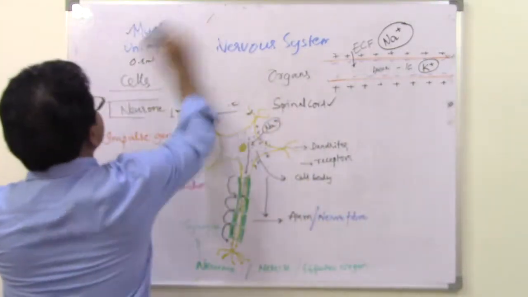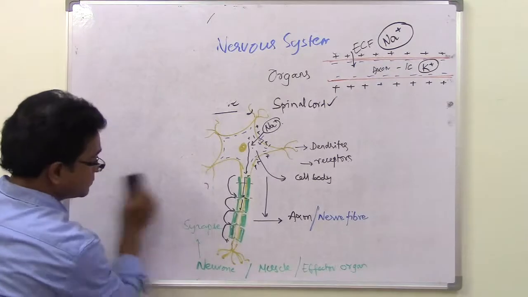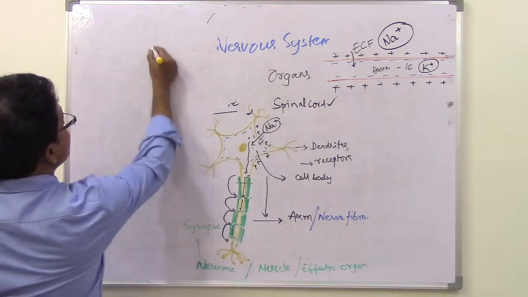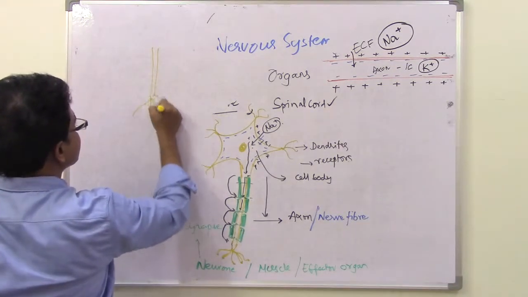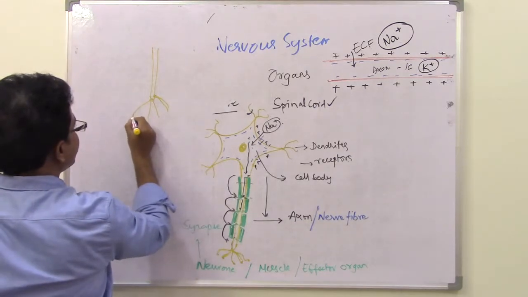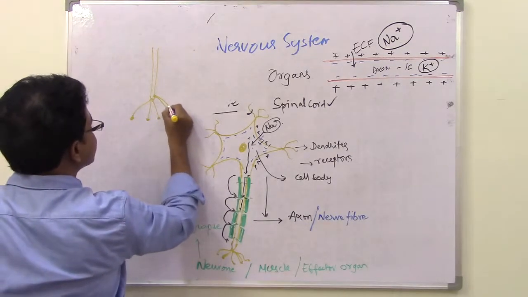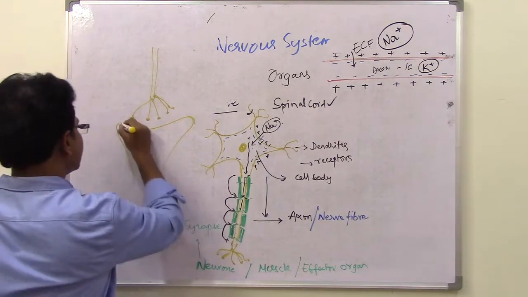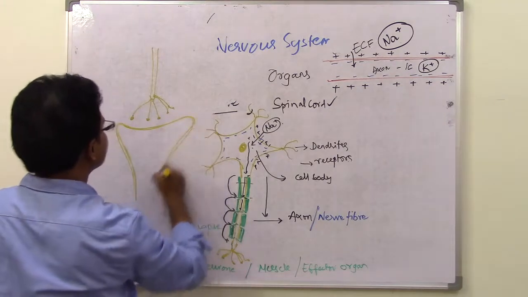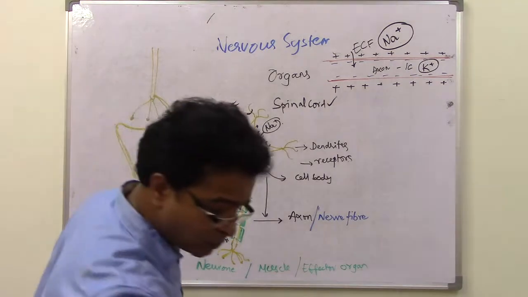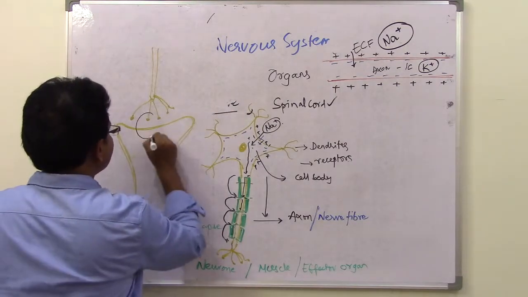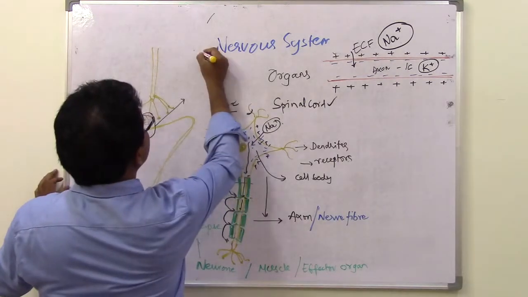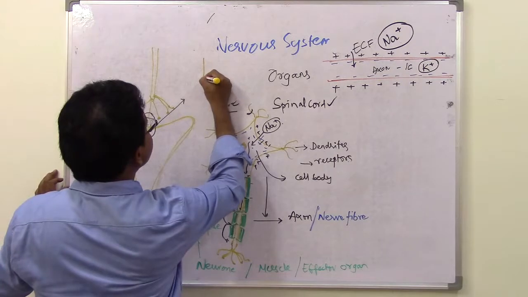Let me draw it here. This axon, we have, right? Let's say this is an effector organ. If you enlarge this and see properly, this process is the presynaptic knob.